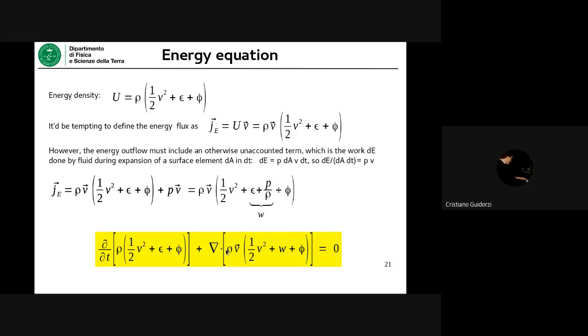So by collecting all this here, you see that it is the same, times V, of course, but instead of the internal energy, you have the enthalpy, as I said, per unit mass. This is really important to remember, because if you neglect that, you neglect the possibility that energy can be exchanged. So the energy content can change just because of the expansion or compression of the fluid.